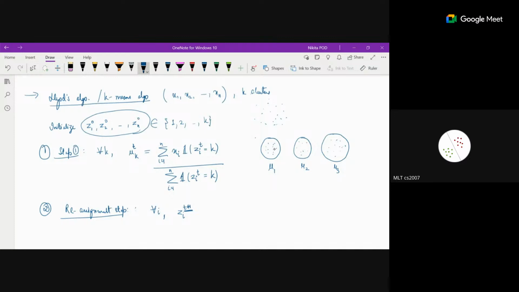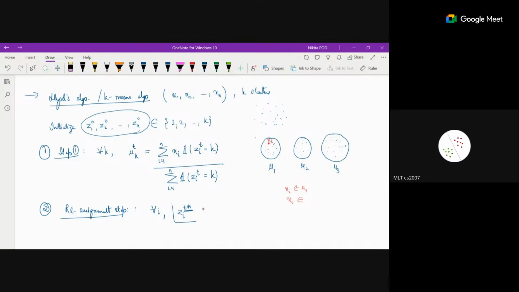Let's say in the first iteration this is my xi, and my xi is in mu1. Where will this xi go in the second iteration? Will it stay in the same cluster, or does it go to some different cluster? That is what we have to see, and that is what is given by z_i^(t+1).